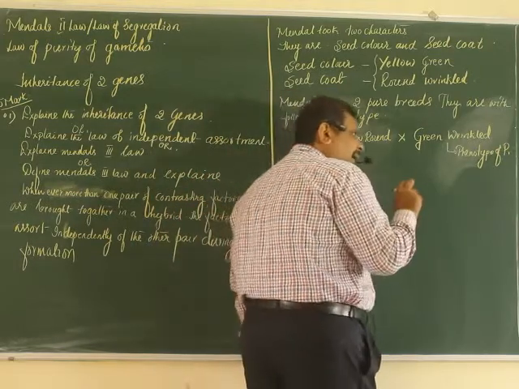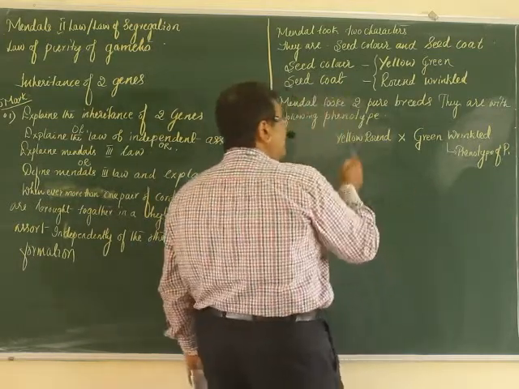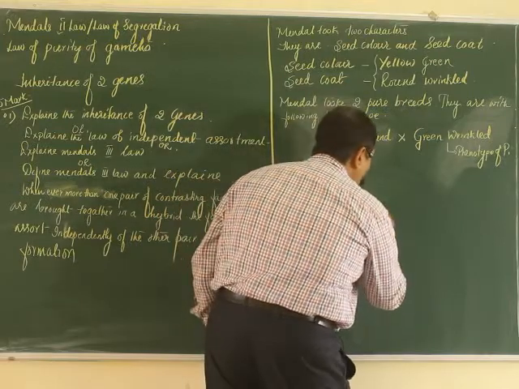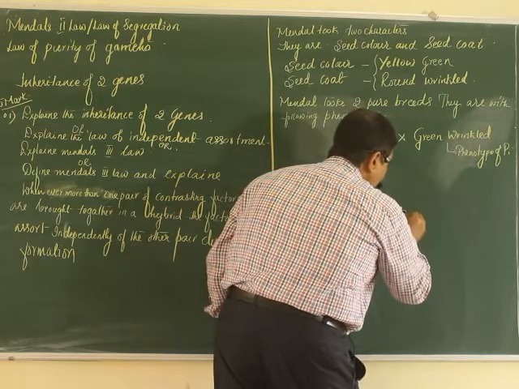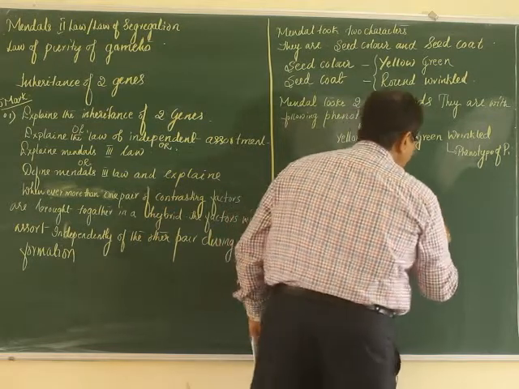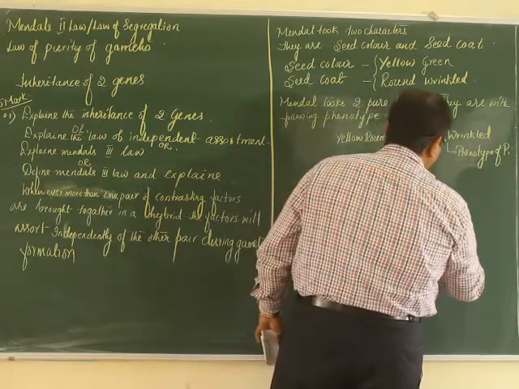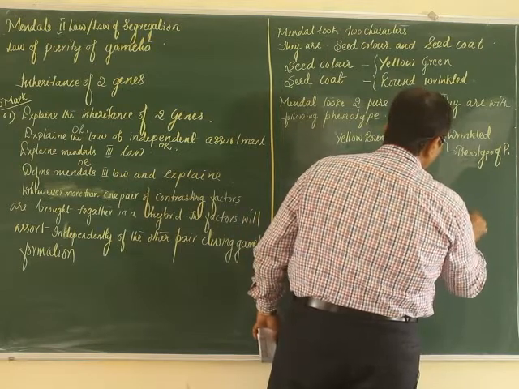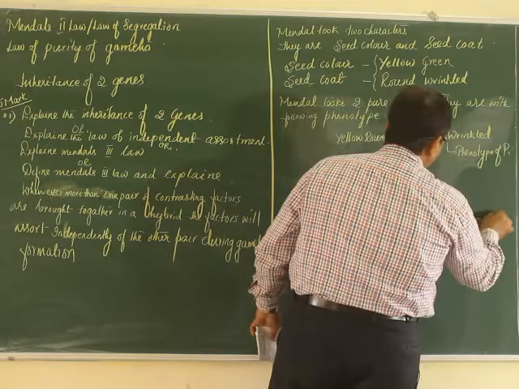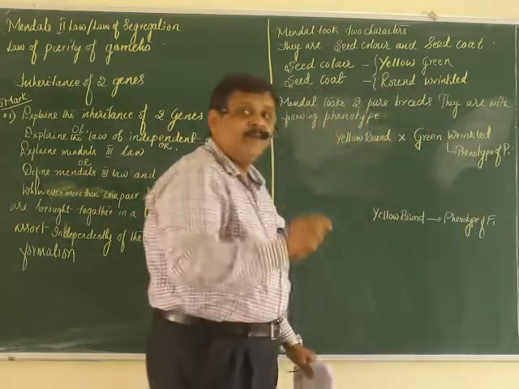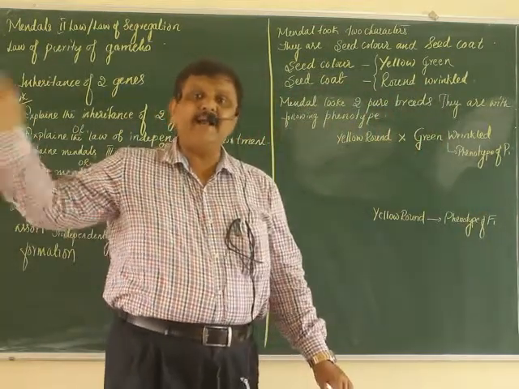What he expected was somewhat intermediate color, but he got yellow round in F1. This is the phenotype of F1. F1 means first filial generation.